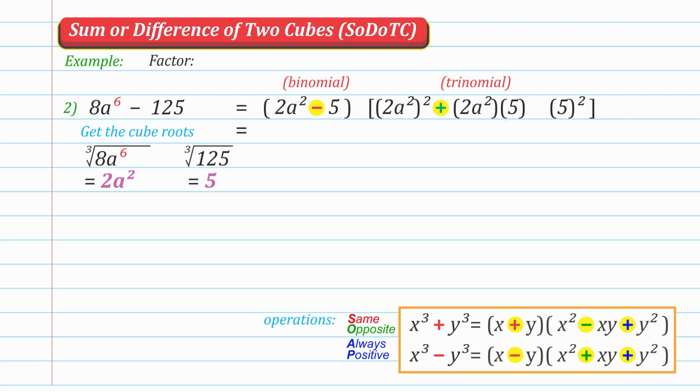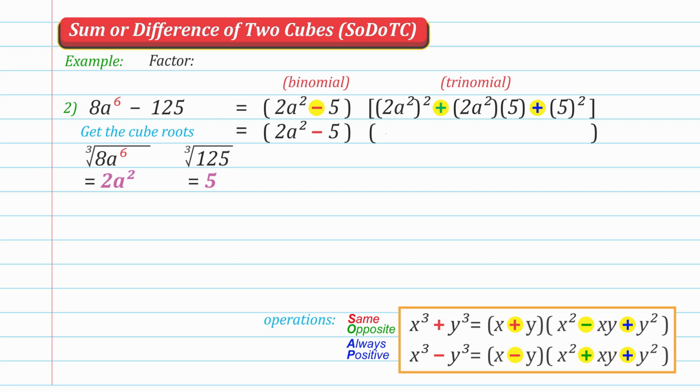And lastly, square the second cube root 5. So set it up first and remember to put parentheses. It's a good habit to do that. And since we are getting the square, this should be always positive. Again, recall SOAP, which can be a big help to remember the operations or signs in the factors. So, next we copy the binomial factor. Then we simplify the terms in the trinomial.